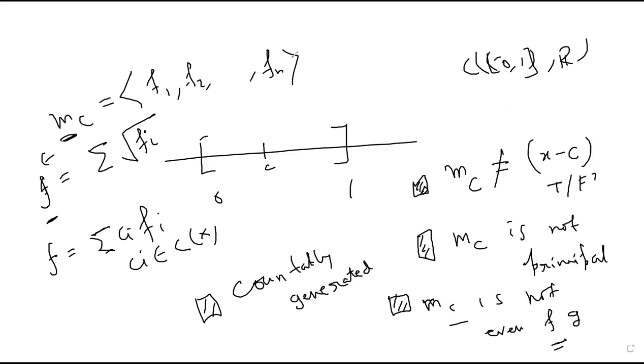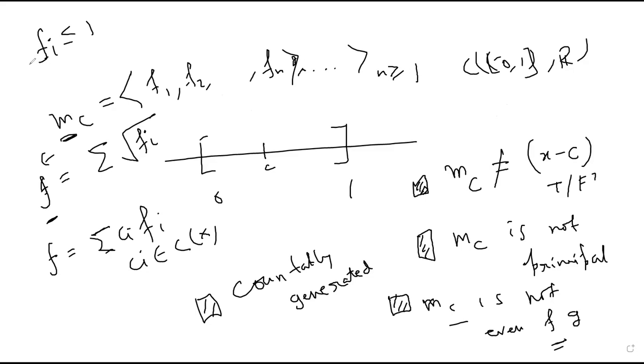What you have to do is take a countable collection fi, for i greater than or equal to 1. Then you look at the function, instead of the square root of fi. By scaling, you can assume that every fi satisfies the relation mod fi is less than or equal to 1.